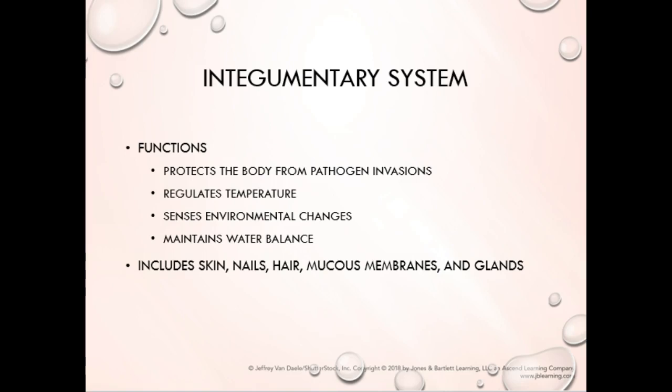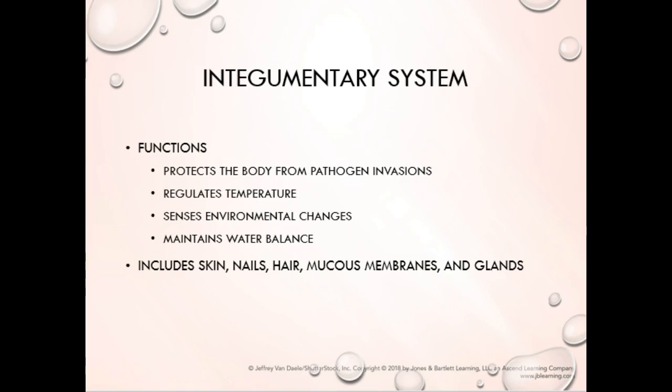Now, the integumentary system includes skin, nails, hair, mucous membranes. The mucous membranes are the membranes I just mentioned inside the mouth all along the GI tract. It's the moist membranes that are essentially exposed to the external environment because from your mouth to the anus, it is one large tube that is open to the external environment, and those mucous membranes along the GI tube provide a huge amount of immunological function.